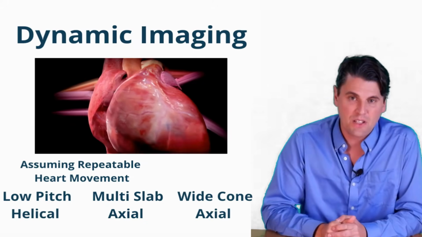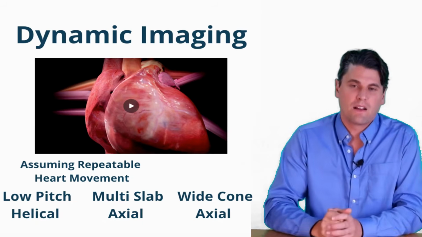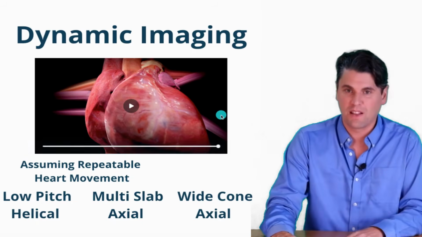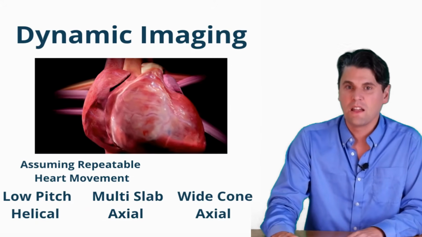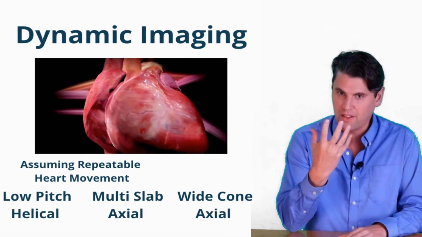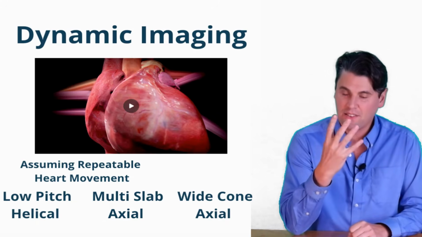As far as dynamic imaging, if you want to image and make a movie or make measurements in the systolic and diastolic phase to look at something like ejection fraction, if you're looking at that kind of dynamic imaging as a function of the different phase, it's going to be, again, dependent on that assumption.